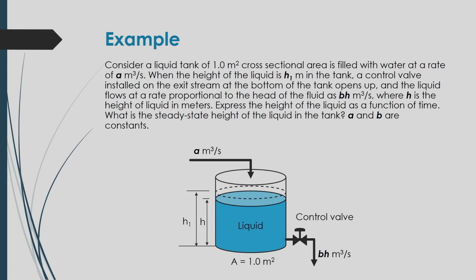If suppose input flow rate is lower than this output flow rate, you will see that the liquid whatever initially was there inside the tank will be decreasing, and accordingly the height of that liquid will be decreasing with respect to time. If suppose inlet flow rate is higher than the output flow rate, you will see that the liquid level will increase in the tank with respect to time, because the volume will be increasing, as the inlet flow rate will be higher than the outlet flow rate.